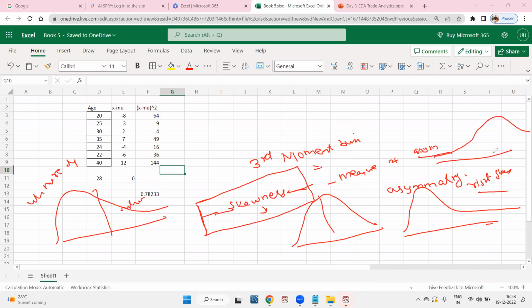When your data is like this, it is called left skew. So when it comes to left skew, that means more data concentration on the right side.